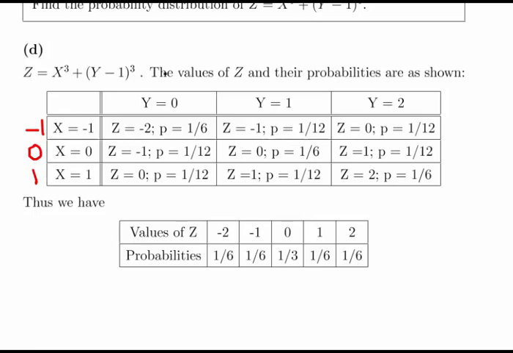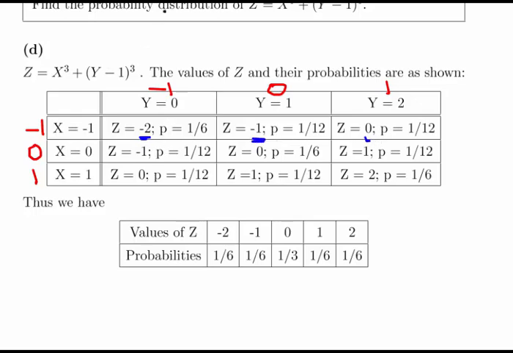Y minus 1, in this case, would be -1 cubed, which gives us -1. 1 minus 1 is 0, the cube of that is 0. 2 minus 1 is 1, cube that, 1. So essentially what we're doing is adding, in each case, -1 and -1, add them together, we get -2, -1, 0, and so on.